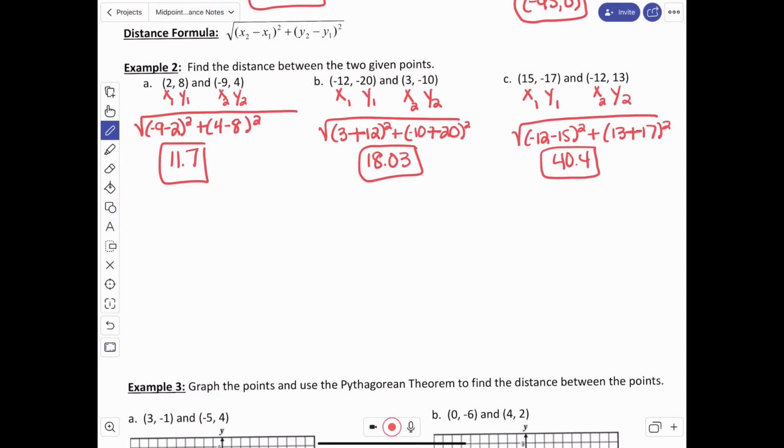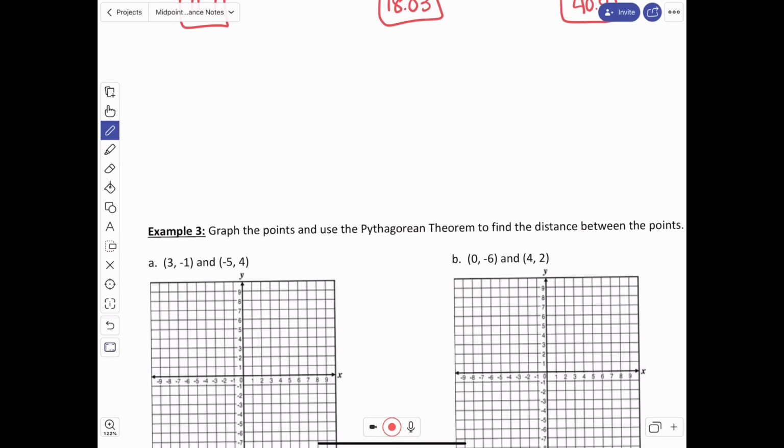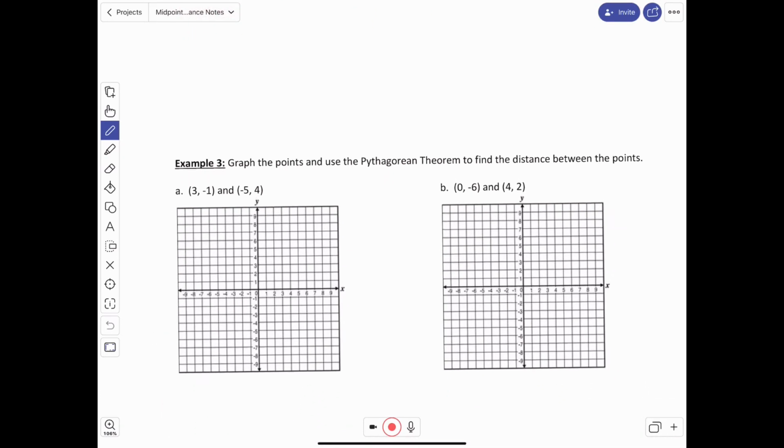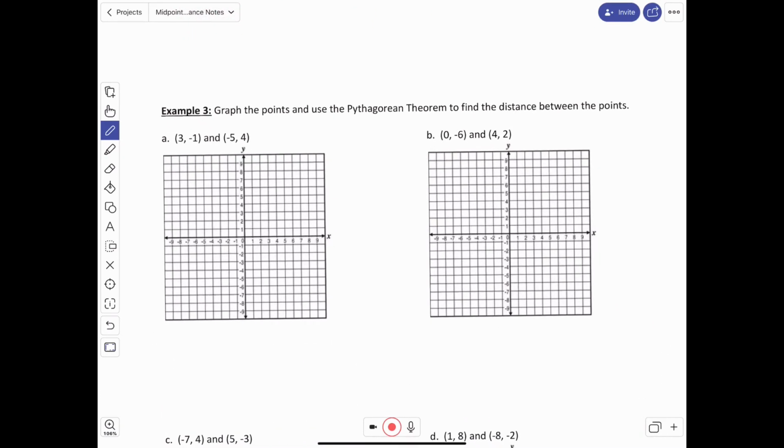Okay. So doing Pythagorean theorem to find the distance between 2 points. So all you want to do is plot your points, and we're going to use Pythagorean theorem. So if I plot 3, -1, and -5, 4.